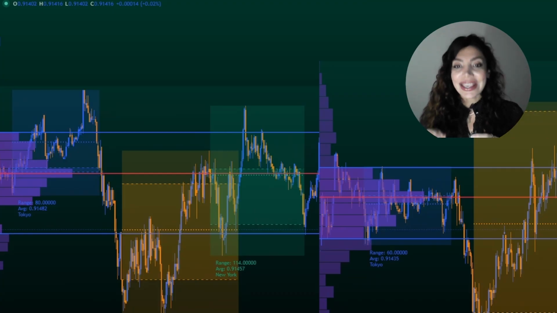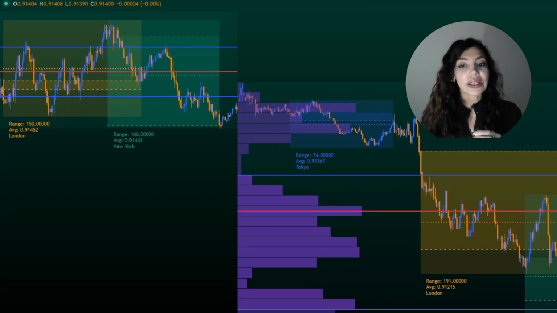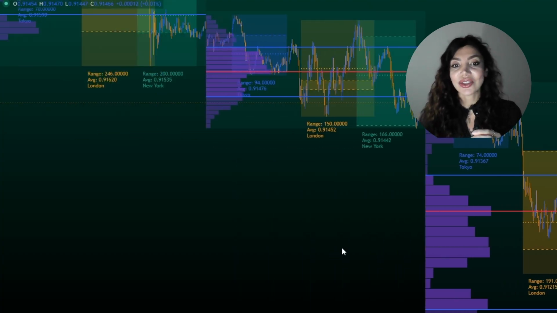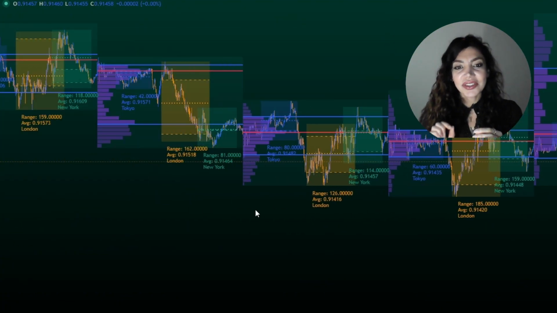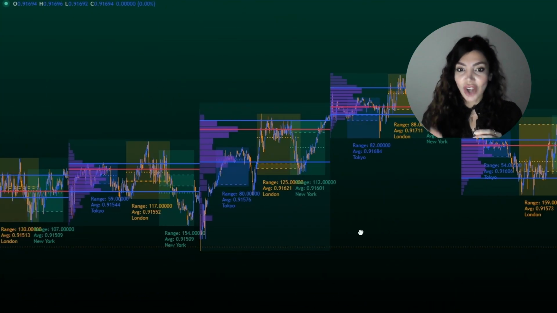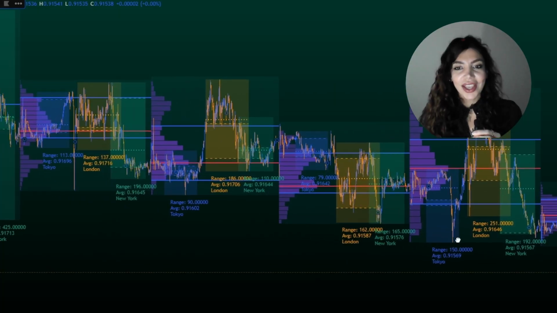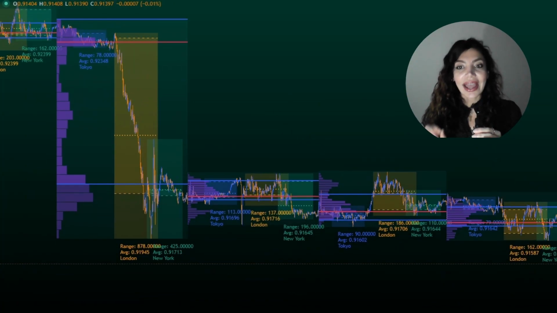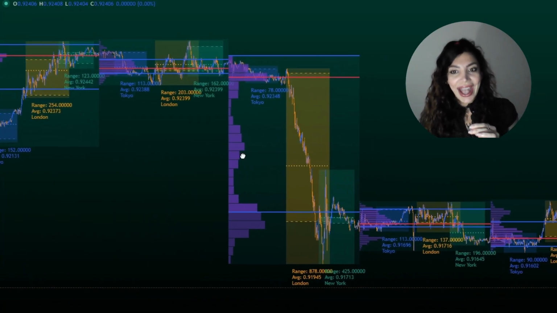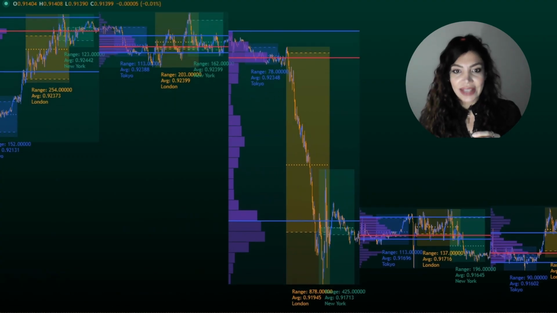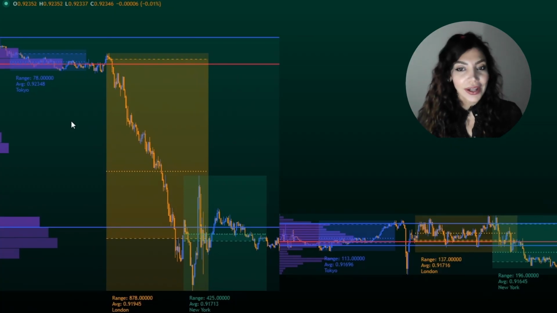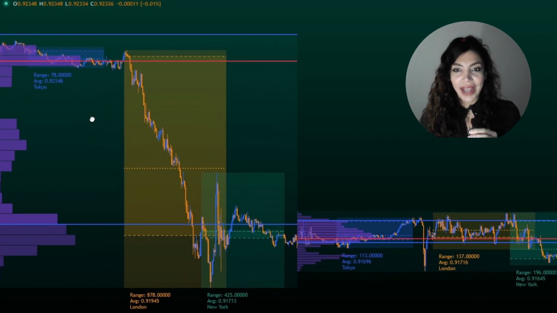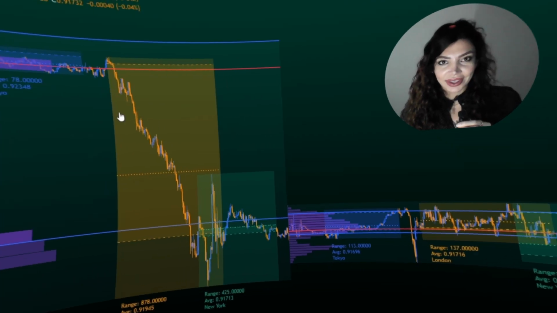Value area is clean, point of control is clear, and when price comes back to test those levels, it reacts. That's the difference that the timing makes. It doesn't change your levels, it changes how reliably the market respects them. And for a volume profile trader, reliable reactions are everything.